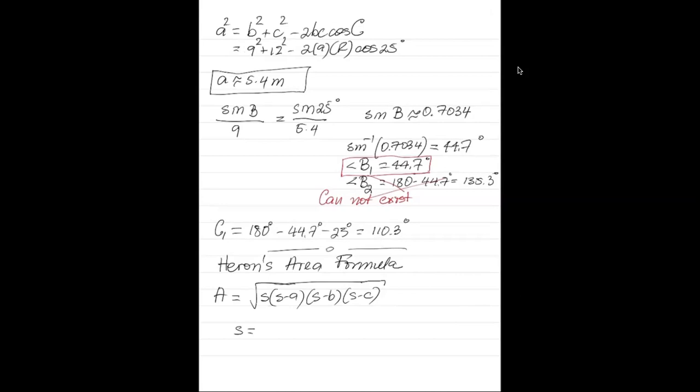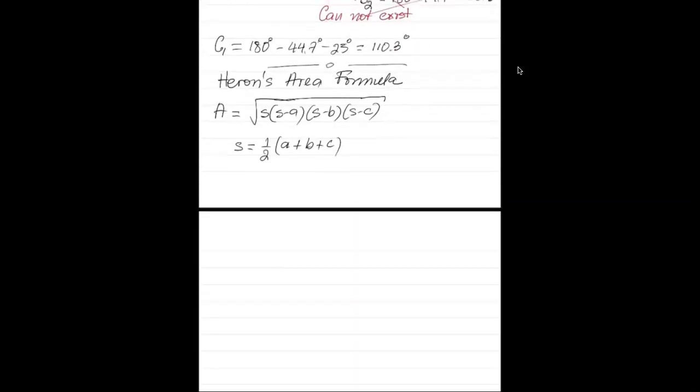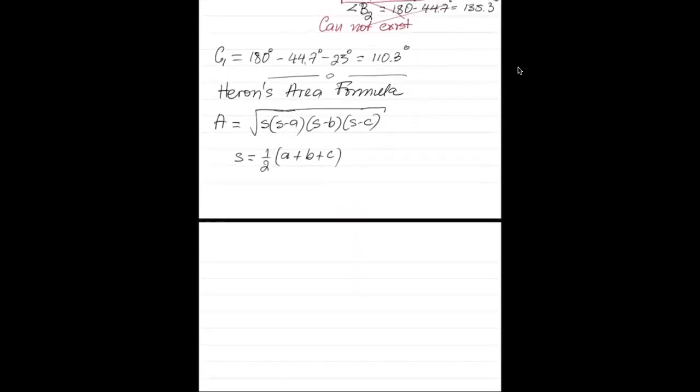I like to use small p instead of S, but I'm following your book notation. S is half of the perimeter of the triangle. This formula is very handy whenever you know all three sides of the triangle. You don't need the height. You can find the area with the three sides.